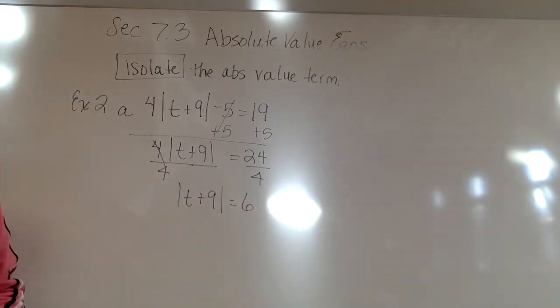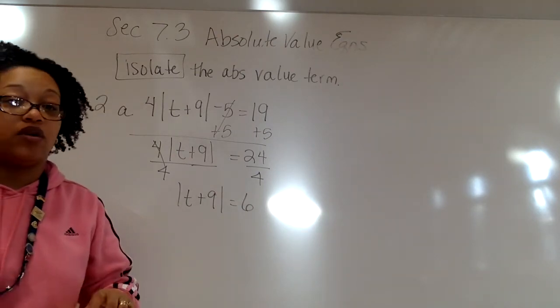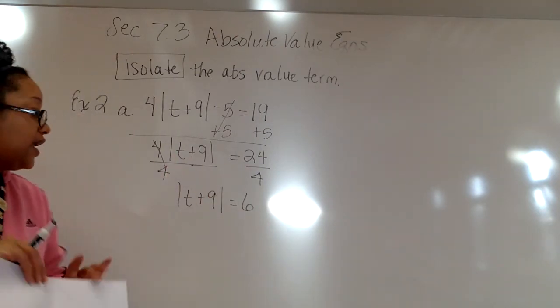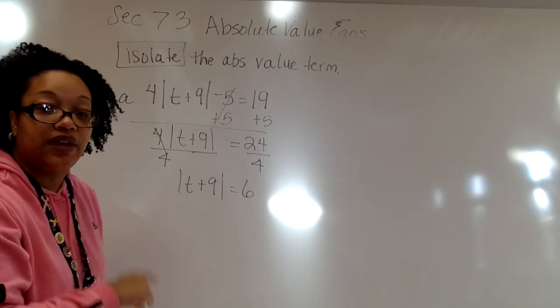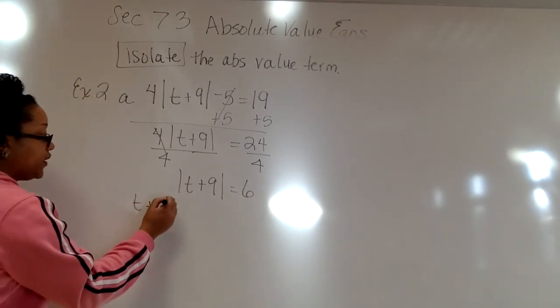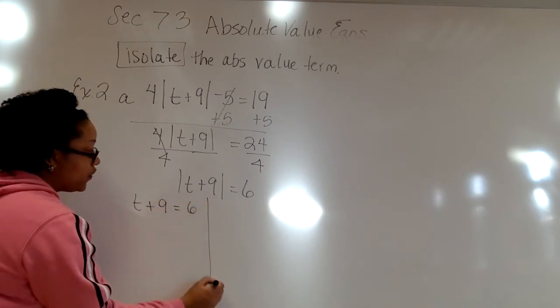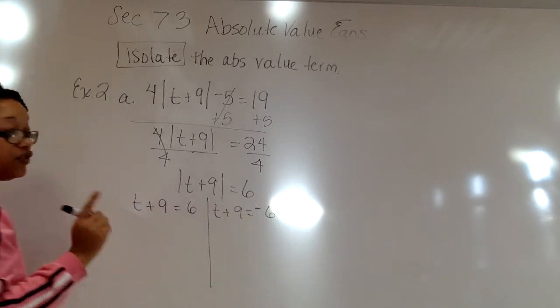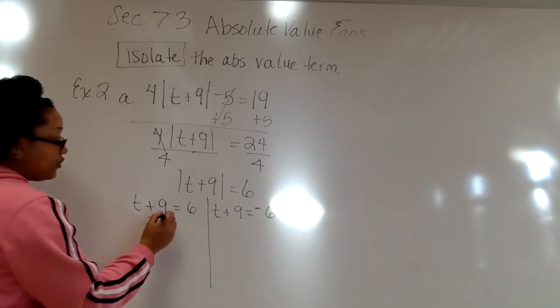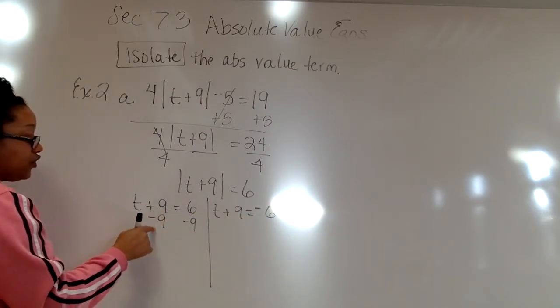Now, you have exactly what we had in example 1, where you're going to separate and you're going to solve for t when it's equal to positive 6 and negative 6. So we'll do that real quick. And you know what? This is one of those problems that if you can do it in your head, that's fine, but you better get it right. I'm going to subtract 9, because you're adding 9, so you're going to subtract.